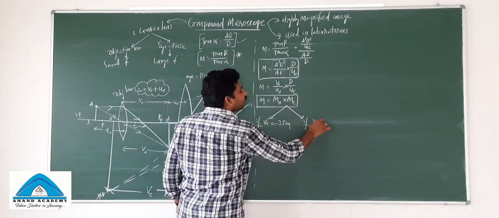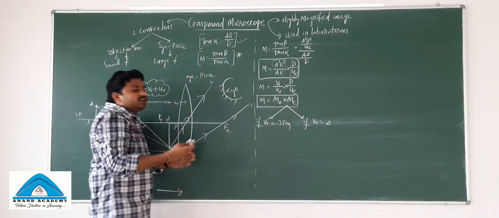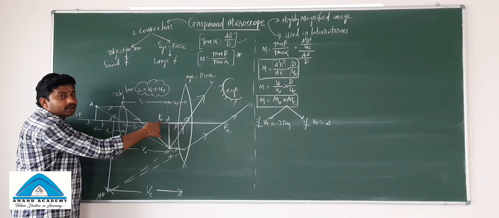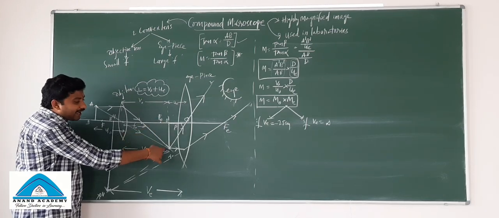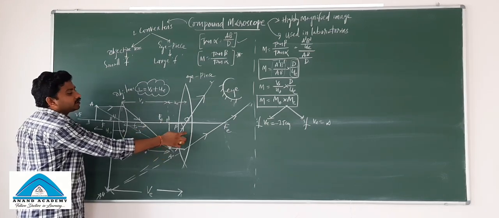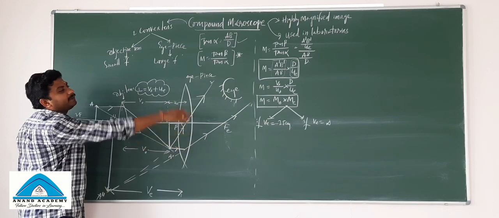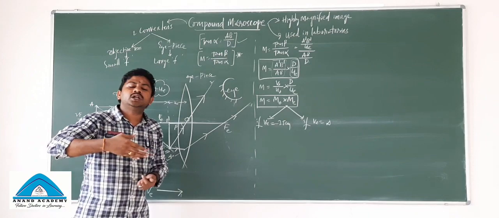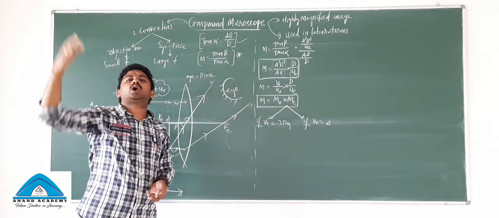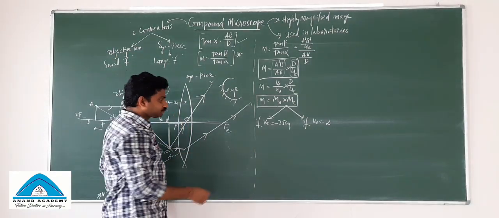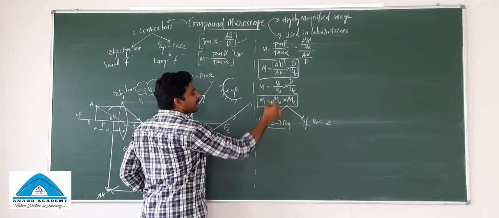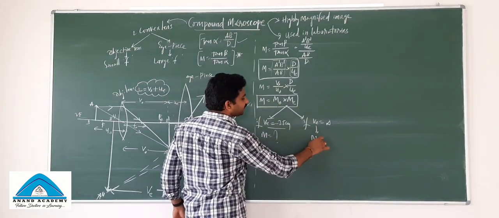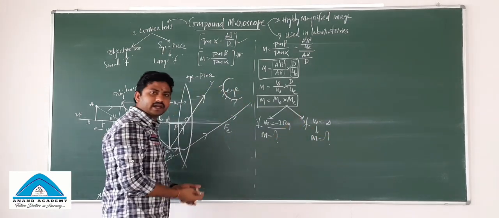If the image formed is at infinity, the object must be kept at FE. Then the image formed by this will be at infinity. So that is what I have written here. These cases we have learned in the image formation by the convex lens. Now in this case magnification is how much, and in this case magnification will be how much, right?